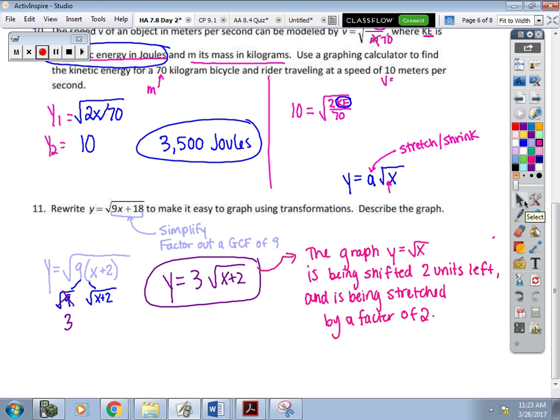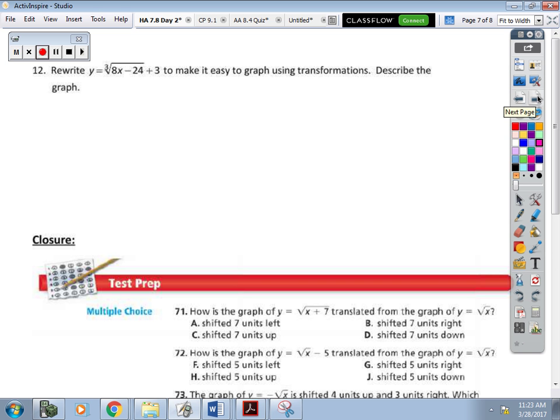The last one we have then is a cube root. We're going to do the same thing because again we have this 8 inside the cube root, which we don't know how to describe. So again, we're going to go ahead and take out a GCF of 8.